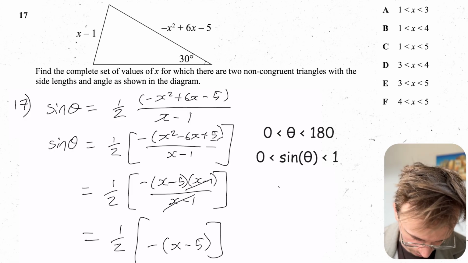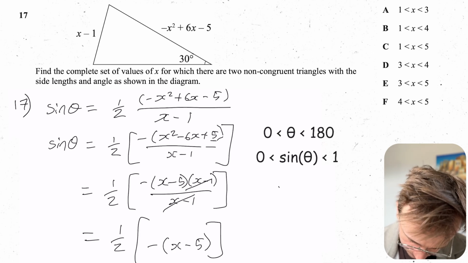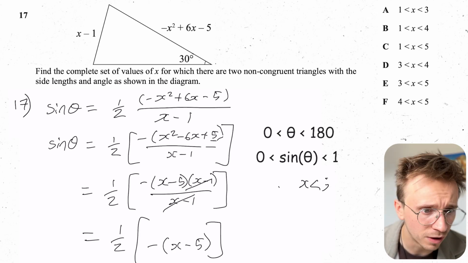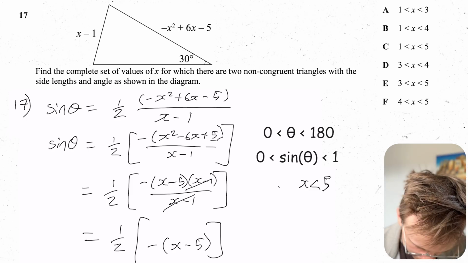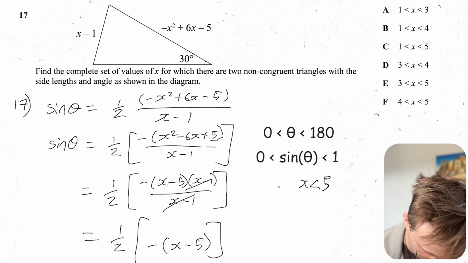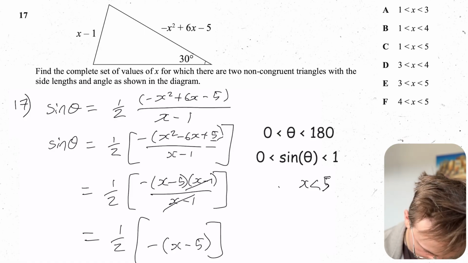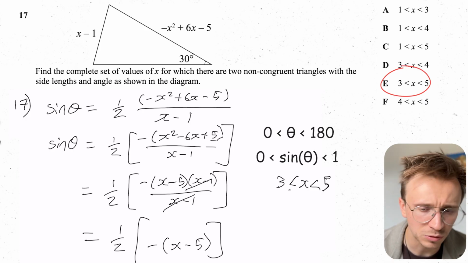So it must be less than 5. But it must also be bigger than, if x is too small, then it can't be bigger than 2, so 3. So I'll go with E.